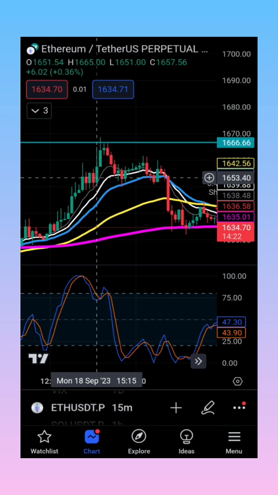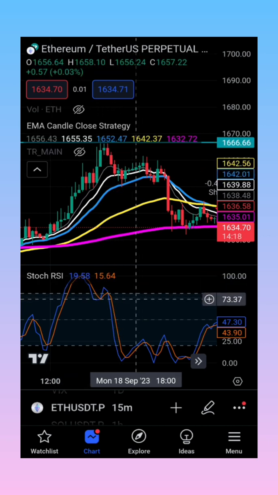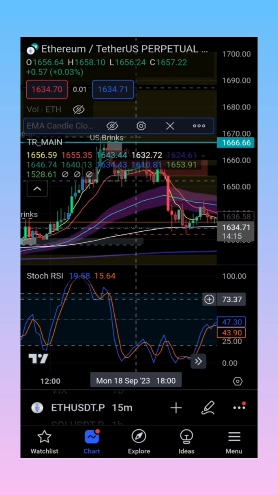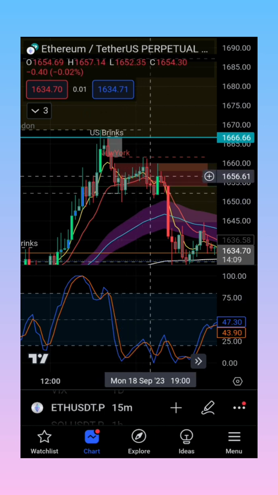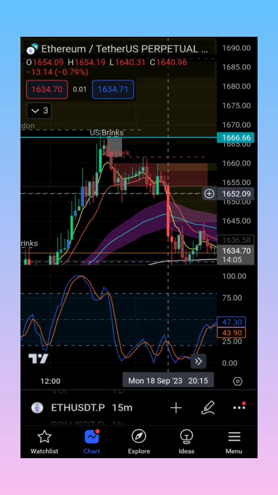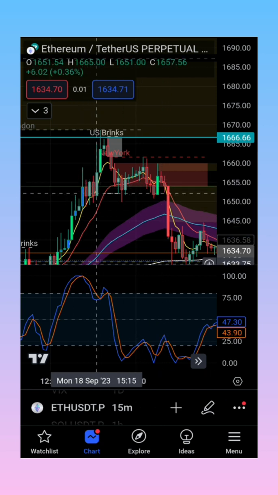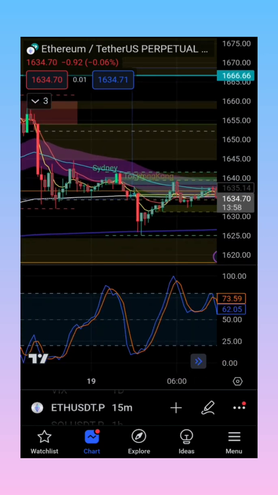You formed some sort of a double top on your stochastic, and probably you'd find that there is another level to watch for over here, or the EMAs just broke down. If you waited for the EMAs to break down, you would be a bit late. You would get this momentum, but it wouldn't be in confluence with the stochastic. I like it better when stochastics and the EMAs are in confluence.